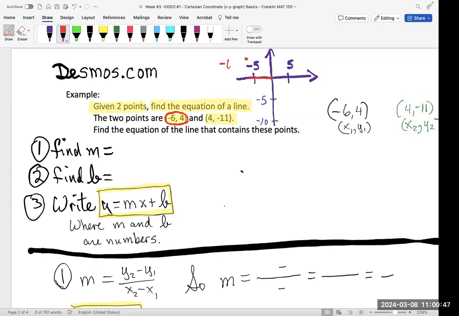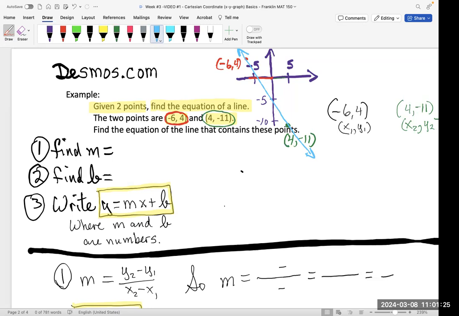That would be an approximation for -6, 4. And then I have the point 4, -11. So I would go over 4 and then down 11. That would put me right about here at 4, -11. So that means my line is going to go between the red dot of -6, 4 and the green dot of 4, -11. And then all of the XY pairs that will make the equation true will lie on that blue line.